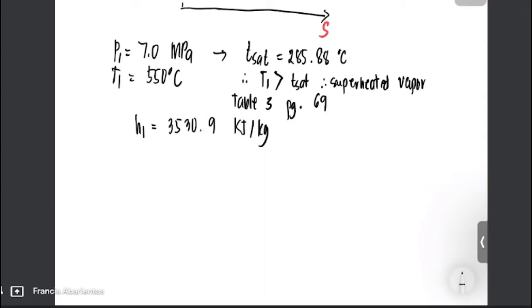Ano pa? From process 1 to 2 in a Rankine cycle, no class? At 550, we have 3500.9, and we have also the entropy at point 1, 6.9486 kilojoule per kilogram Kelvin.